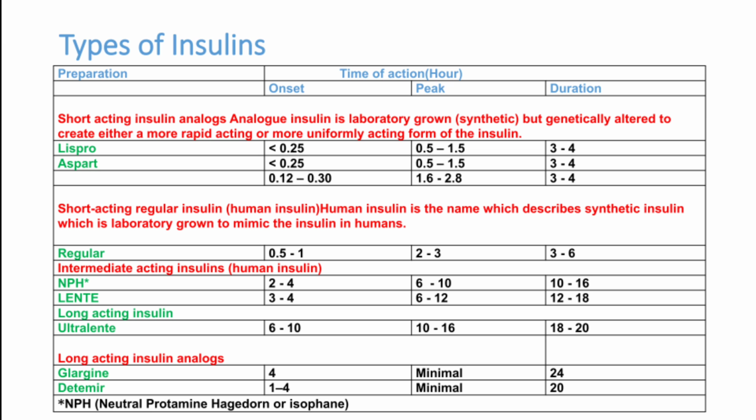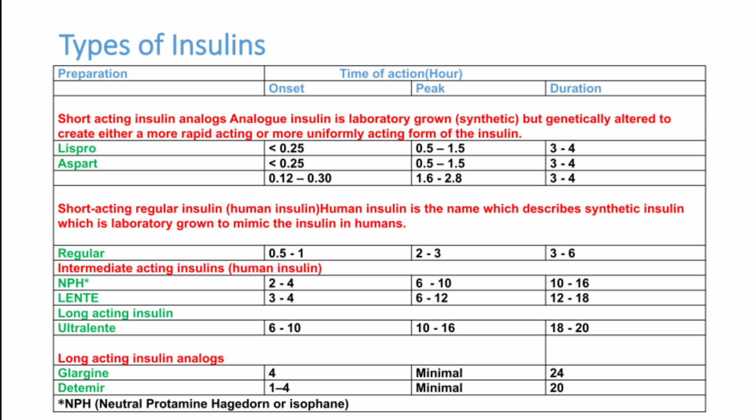In short-acting insulin we again have two analog insulins, lispro and aspart. Analog insulin means they are artificially generated. The problem with human insulin is that long-term use can produce antibodies against insulin, and the insulin dose requirement can be very high when we are using regular insulins.